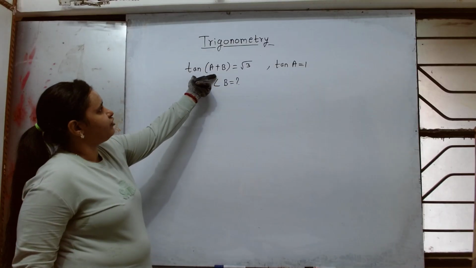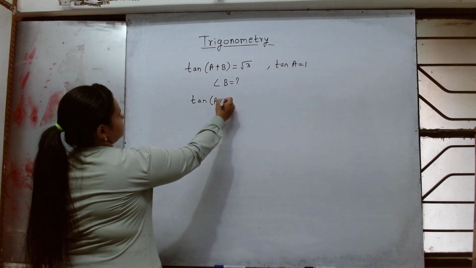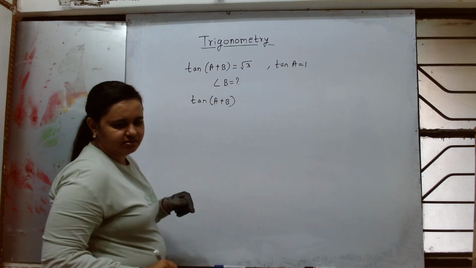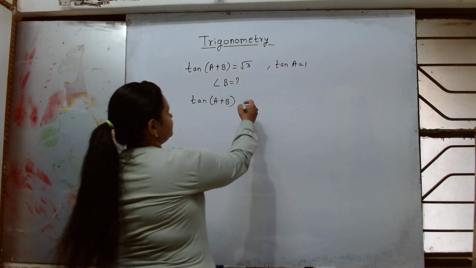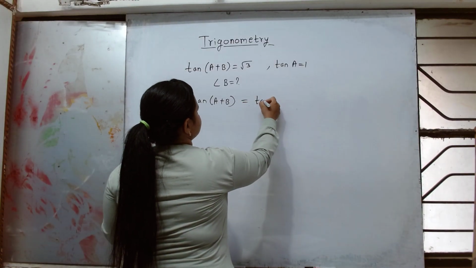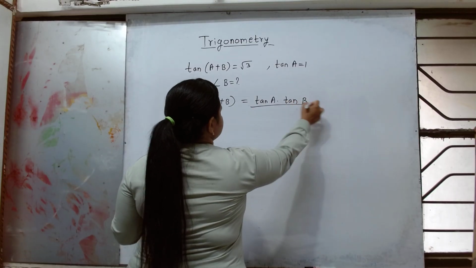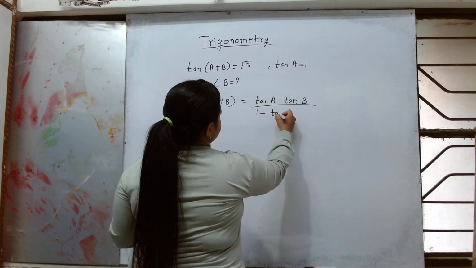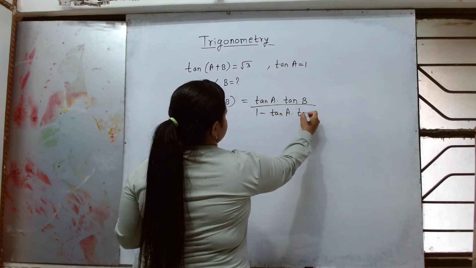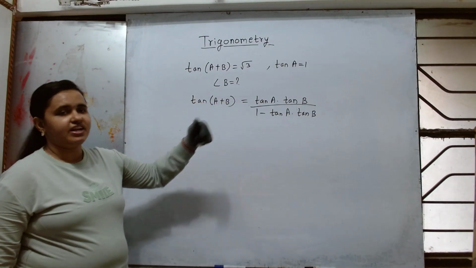We can write the formula: tan of A plus B is tan A plus tan B upon 1 minus tan A tan B. So we have to just put in the values.